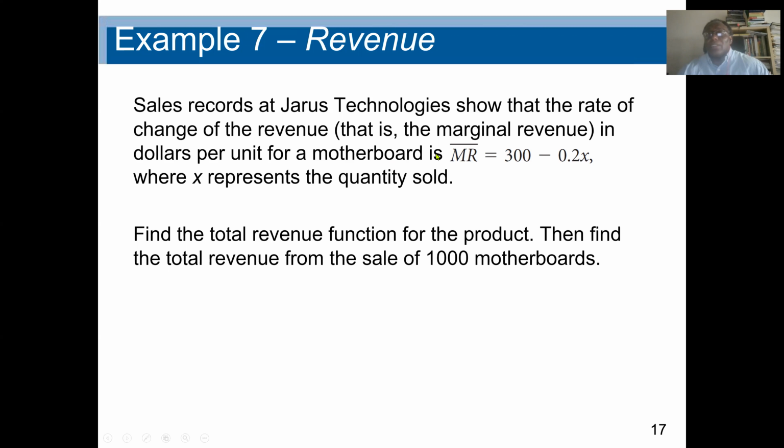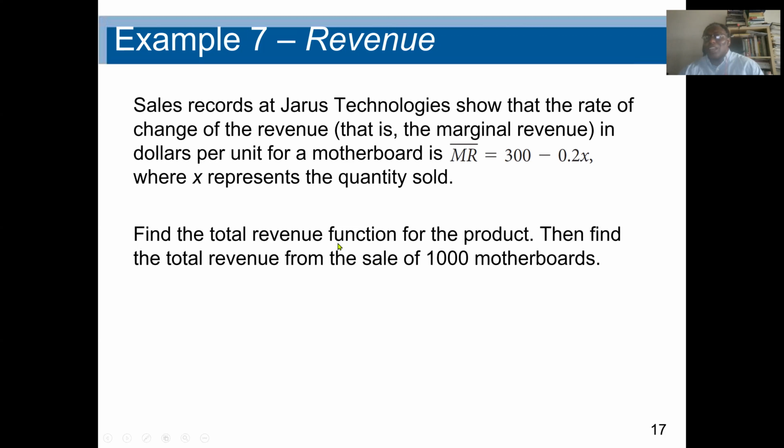So you can see that previously, when we were solving a problem dealing with revenue, the original revenue would be given to us, and then we had to find the rate of change of the revenue, or we use the term marginal revenue. But this time, the marginal revenue is given. So this means we have to do the antiderivative to get the original function.